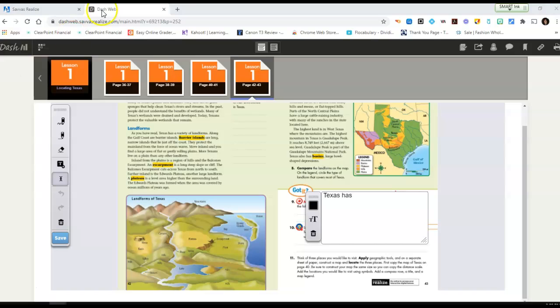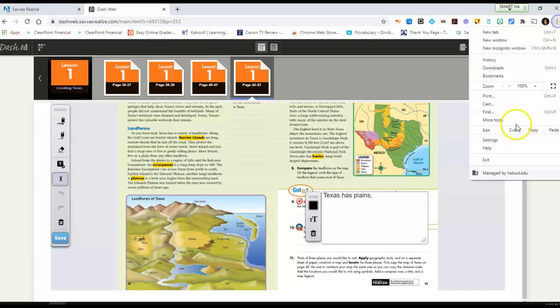Scarlett. Texas has plains and I can't really see it well. I don't know if I can zoom in on it. Can you try it from the computer?